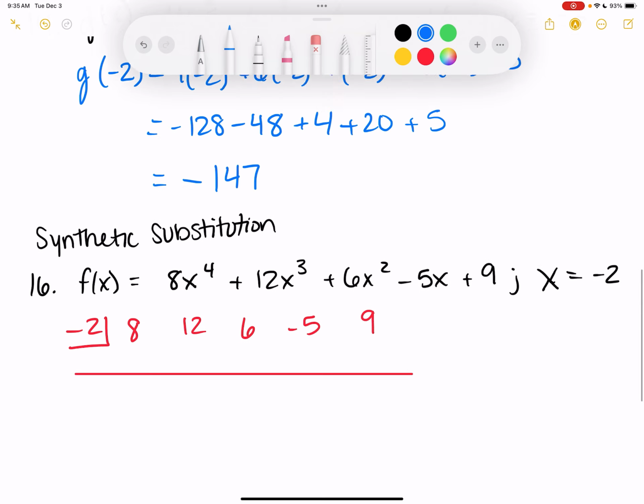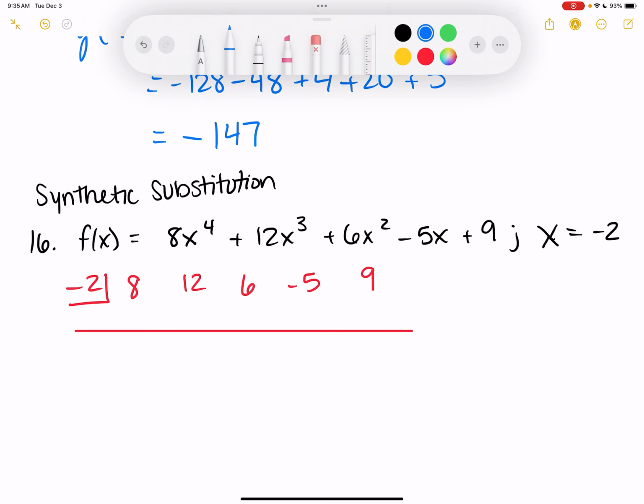The first thing that happens is we bring down the first number. I always draw a little arrow. So bring down the 8. Then we multiply it by what's in the box, negative 2, which gives me negative 16. That goes underneath the next number over.